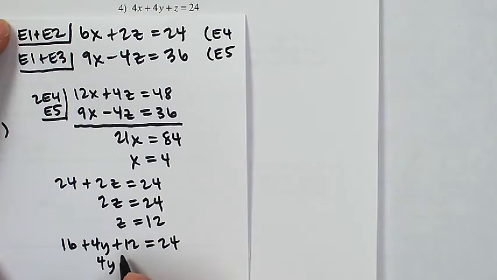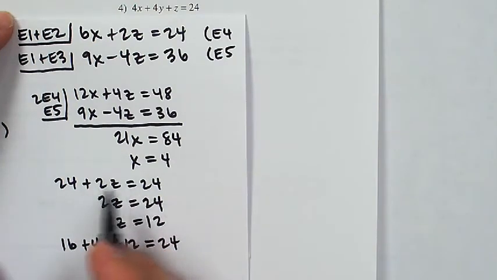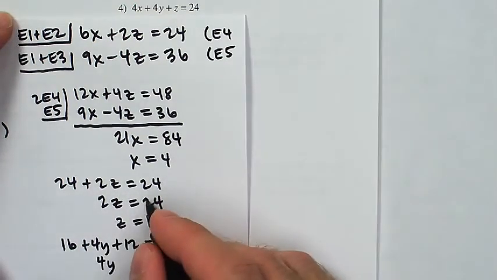Hold on, I made an error here. 4x plus 4y plus z. Oh, z is not equal to 12. No. z is equal to 0.